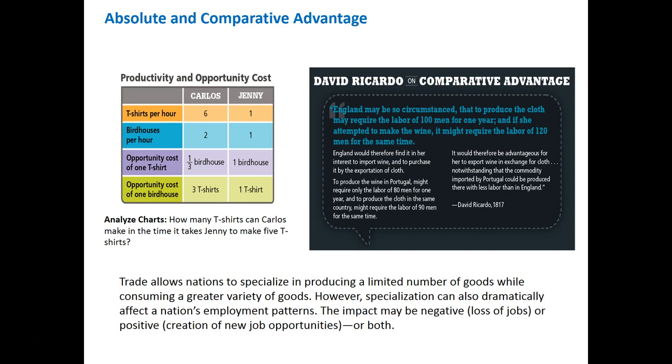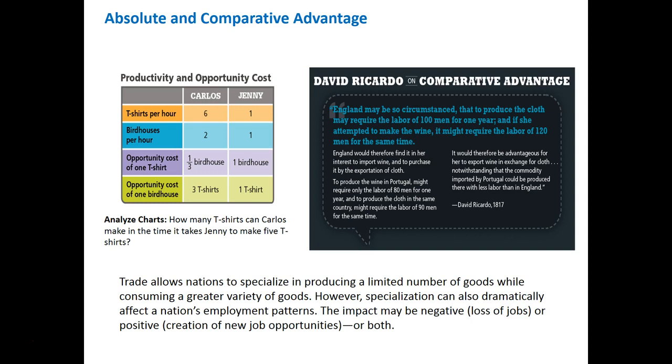If they were nations making either t-shirts or birdhouses, you can kind of look through there and see what it is they give up, what the opportunity cost would be. And the one that has the lower opportunity cost would choose to do that. So this allows nations basically to specialize in a limited number of goods, but they can then trade and consume a greater variety. And so that's kind of the goal here.